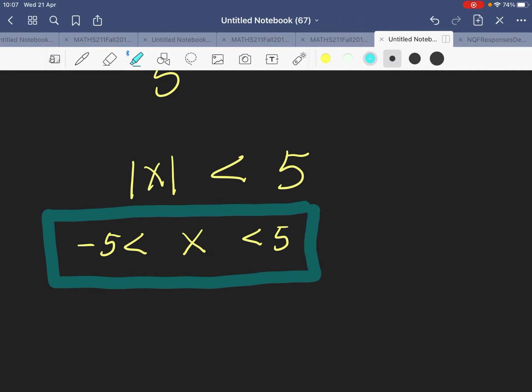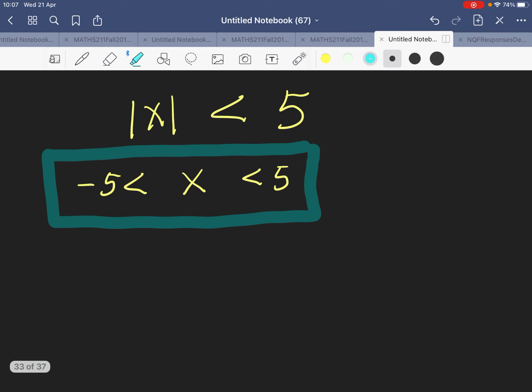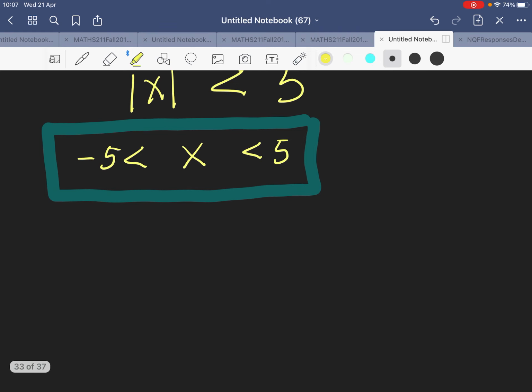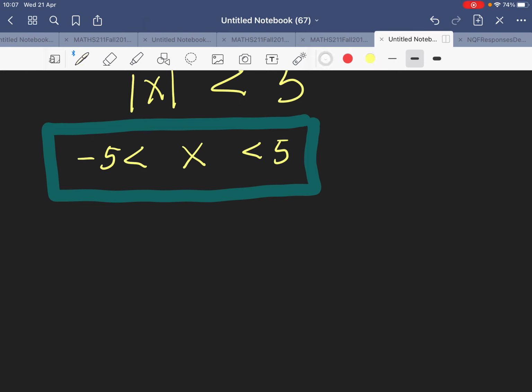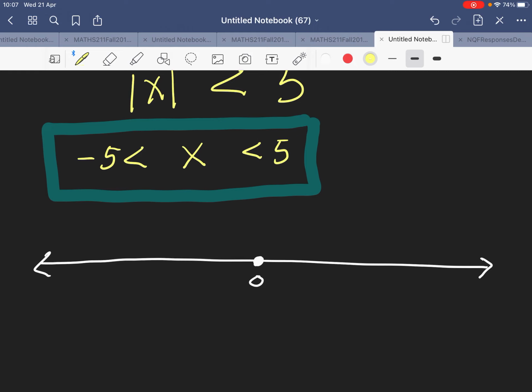Here we find my interval. My interval is between minus 5 and 5. So you go ahead and draw your number line. Remember, the center should be in the middle, which is 0. Now, x between 5 and minus 5, so this is 5 and this is minus 5.